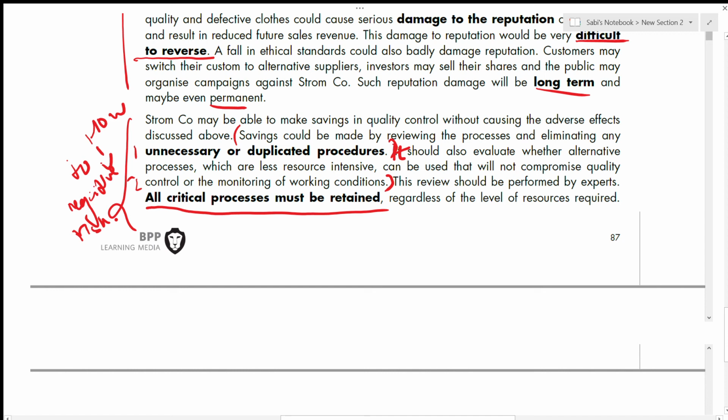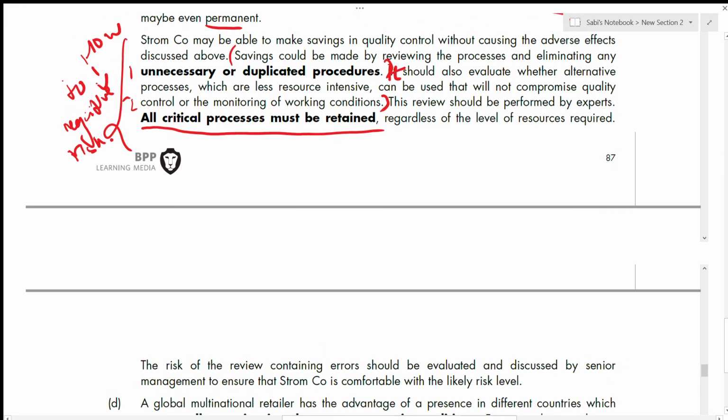Even if too many resources are required, see, you are saying that you can reduce some of the processes where too many resources are required, right? But you must take care of your critical processes. You cannot reduce those, even if they require a lot of resources, because the success of your business depends on your critical processes. Remember that, right?